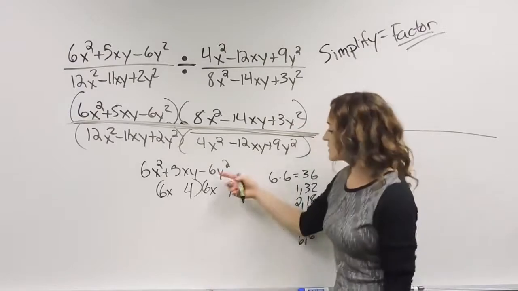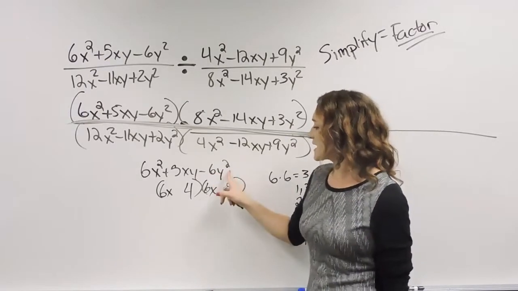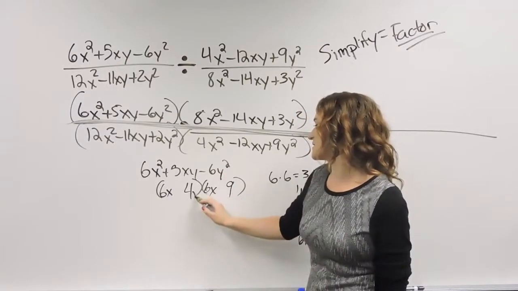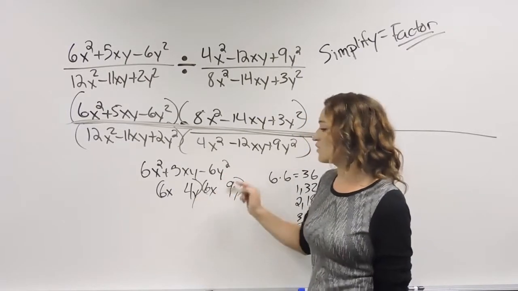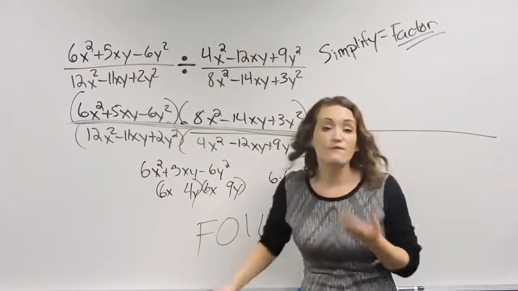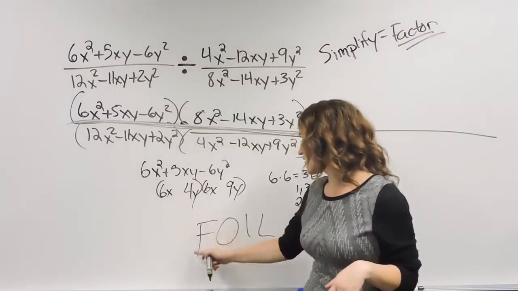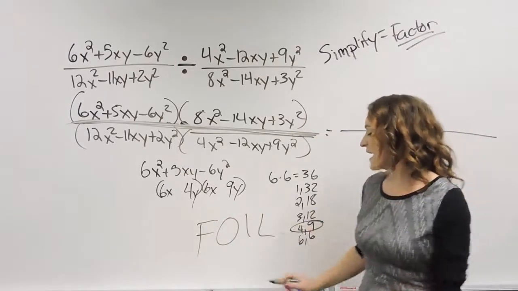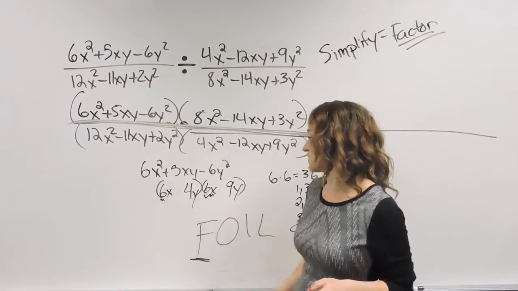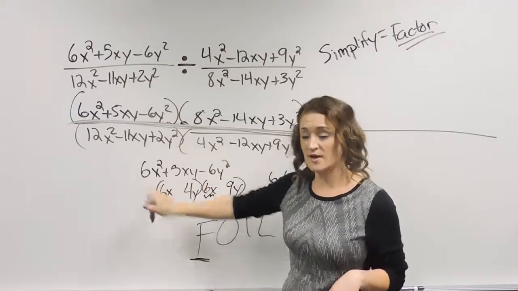But what I also notice about my last term here is that I have this y squared attached. So if I have this y squared attached, I have to attach this y over here as well. Because remember, this is kind of following the FOIL method here. First, outside, inside, last. F stands for first. The first term times the first term gives us the first term in our trinomial.